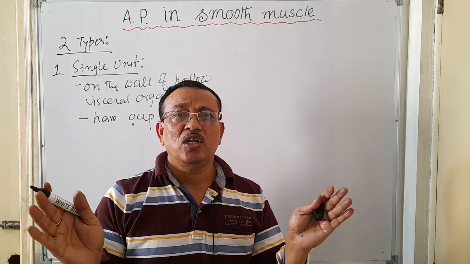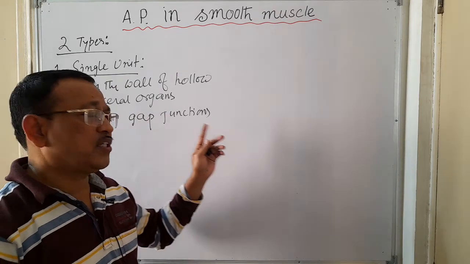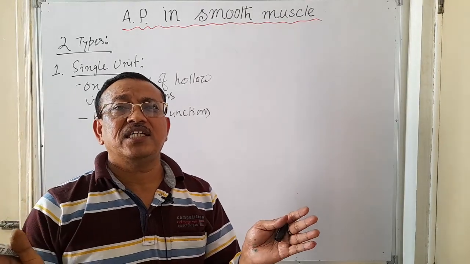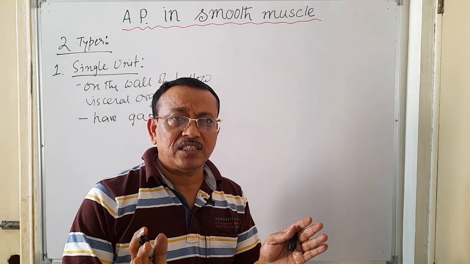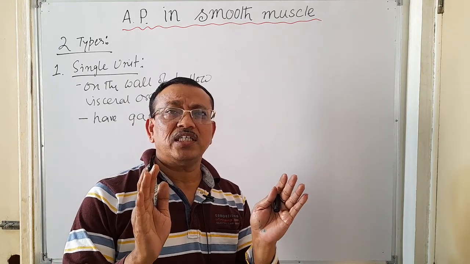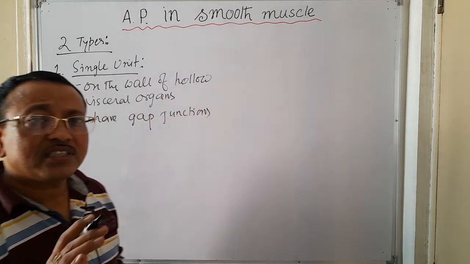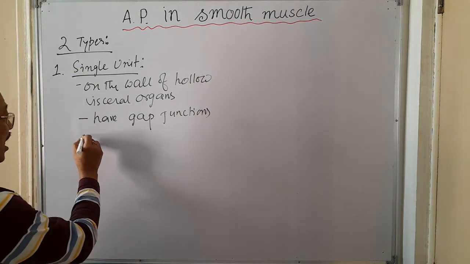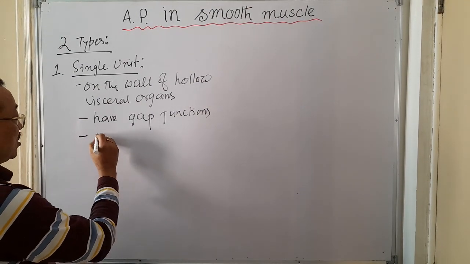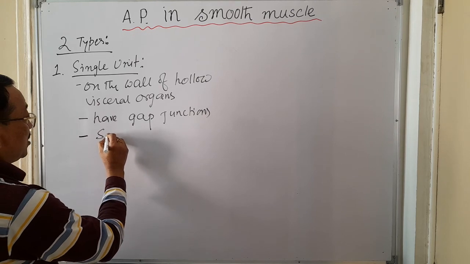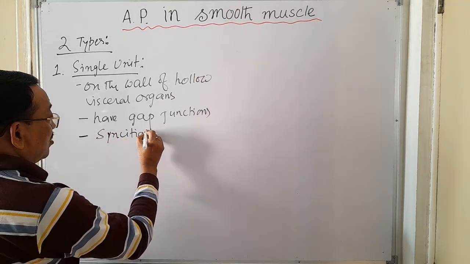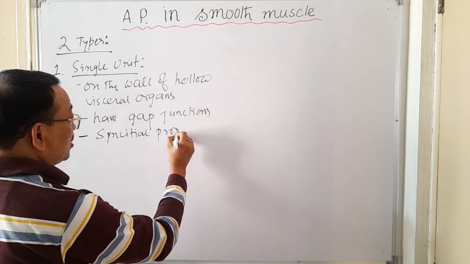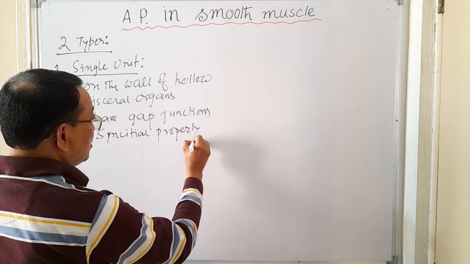That means because of the presence of the gap junctions, all the cells act in concert and act simultaneously, and this property is known as the syncytial property. So this has got the syncytial property.